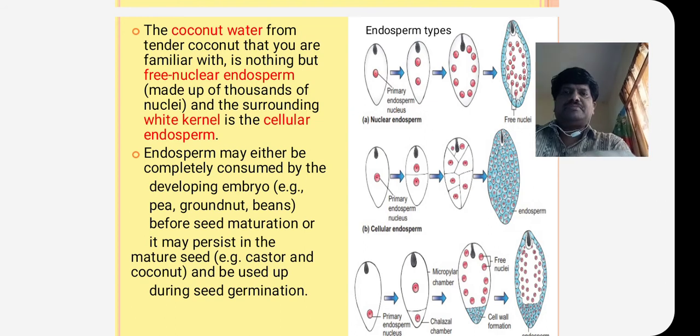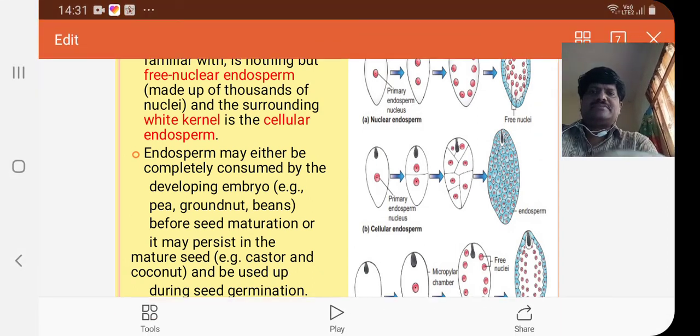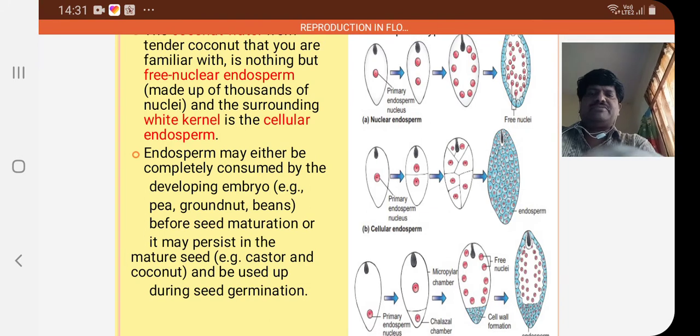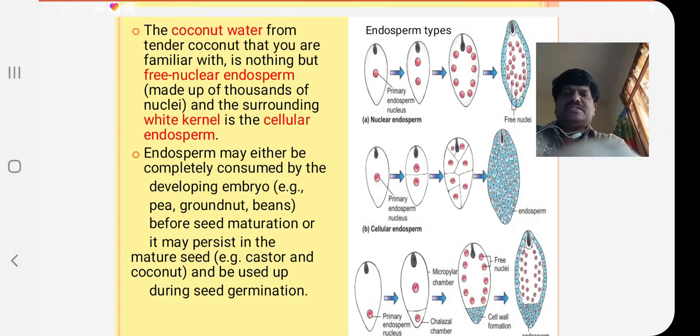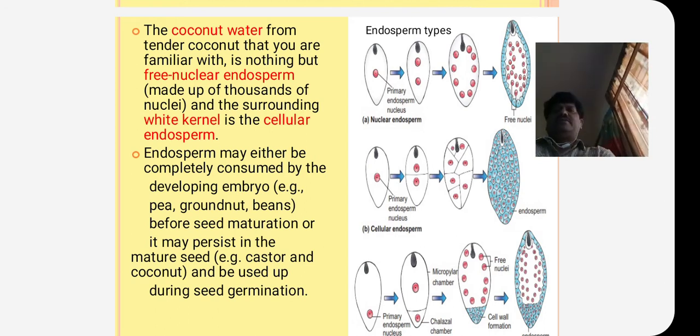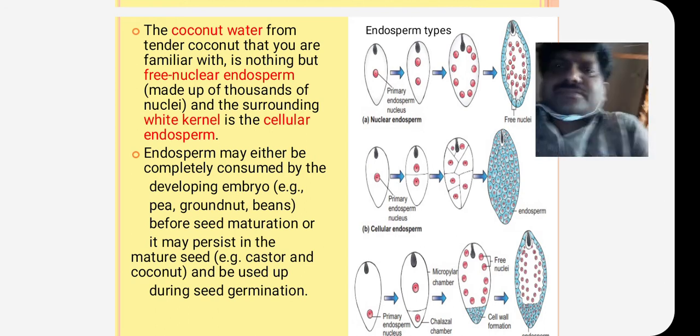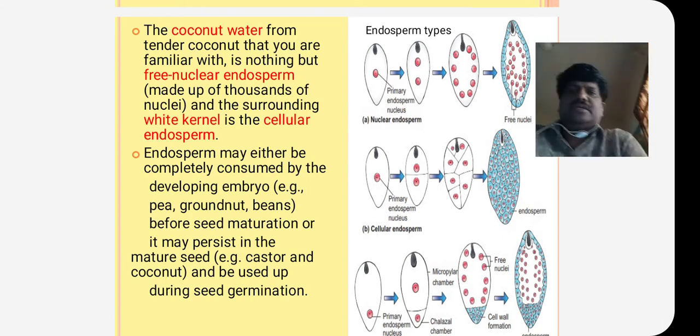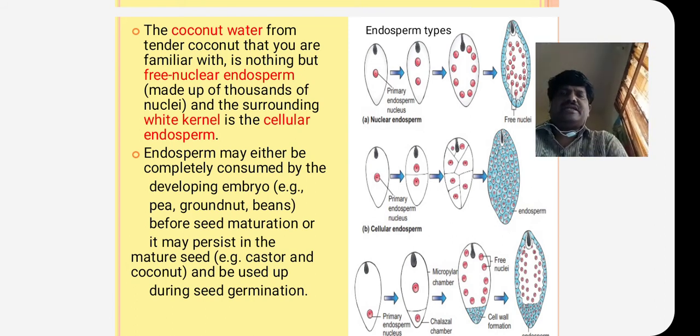Cell wall will be there. So in the last structure, the lowermost one, there are some cells, and you can find some free nuclei inside this endosperm. So this is the helobial type.